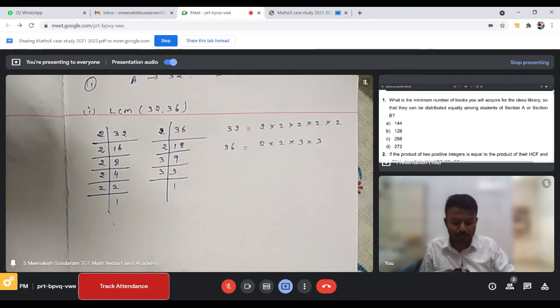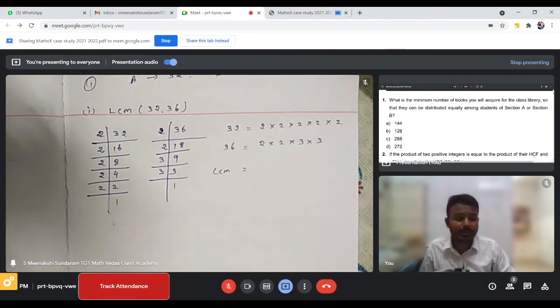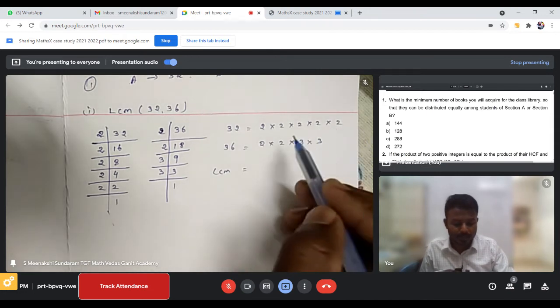Now we need to find the LCM of these numbers. The LCM is nothing but the product of the greatest power of each prime factor.